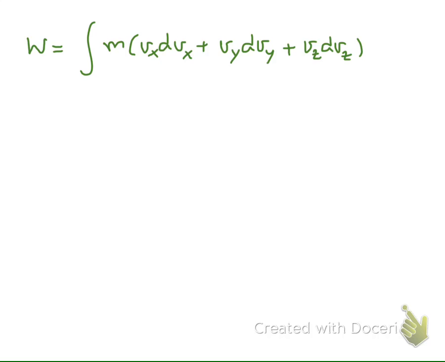Now the limit of integration has to change from vi to vf, because the variable of the integration now is the velocity. The mass m is a constant, right? So we can take it out of the integral.